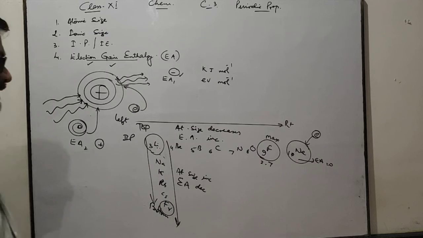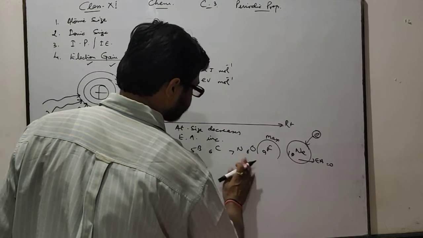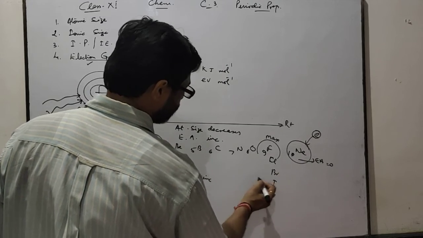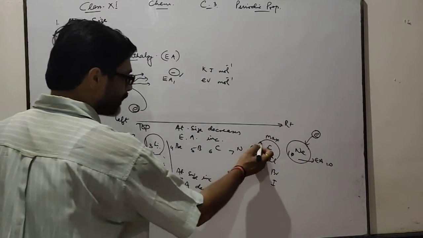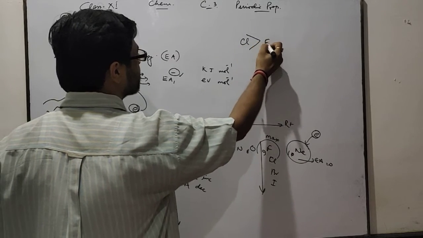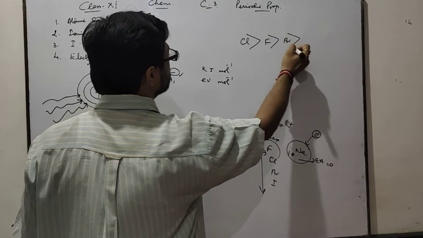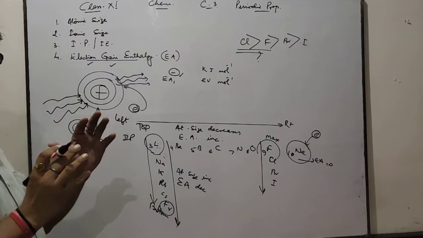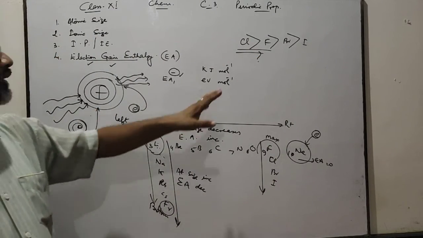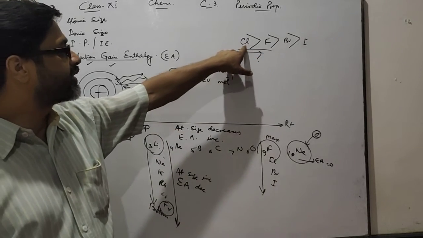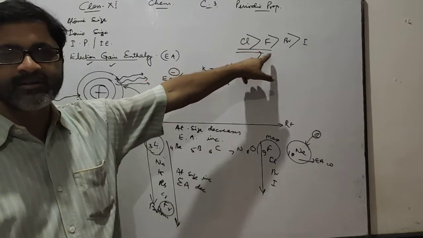Here is an exceptional case. In halogens, fluorine, chlorine, bromine, iodine, the electron gain enthalpy of chlorine is greater than fluorine, bromine and iodine. This is something different, an abnormal condition, or you can say an exceptional case. The electron gain enthalpy of chlorine is greater than fluorine.